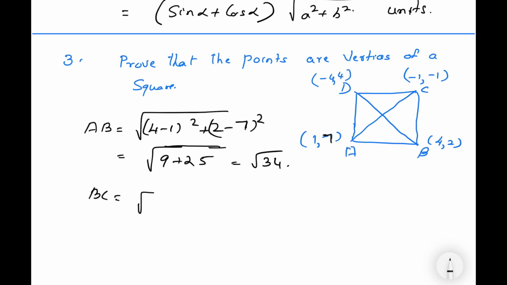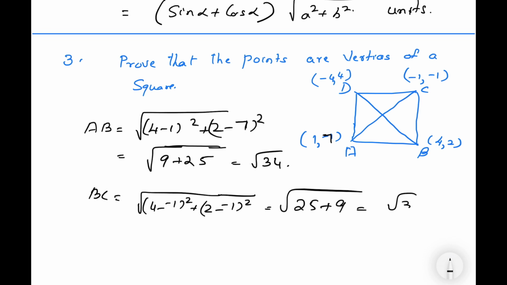BC is root of (4 minus minus 1) the whole squared plus (2 minus minus 1) the whole squared. Write the answer, do it mentally and write. 4 plus 1, 5 squared is 25, plus 2 plus 1, 3 squared is 9. So it is root 34.